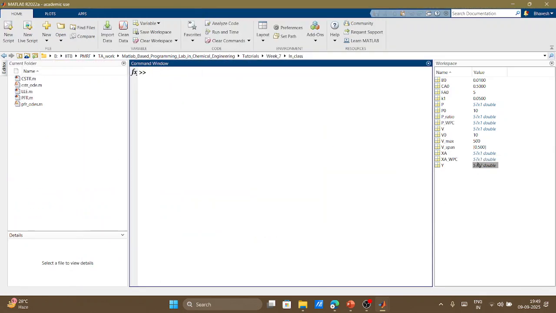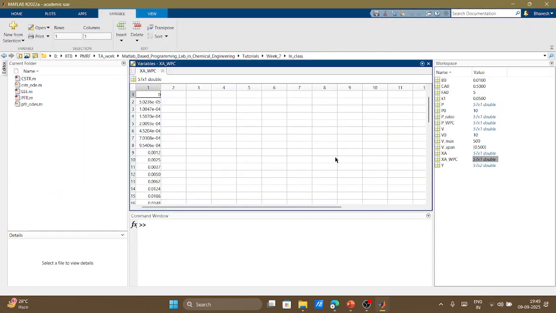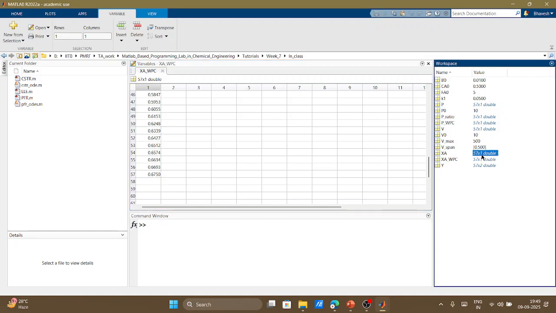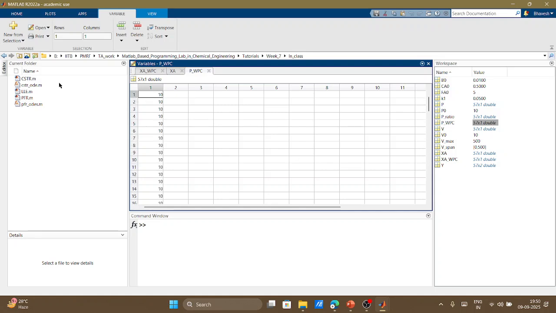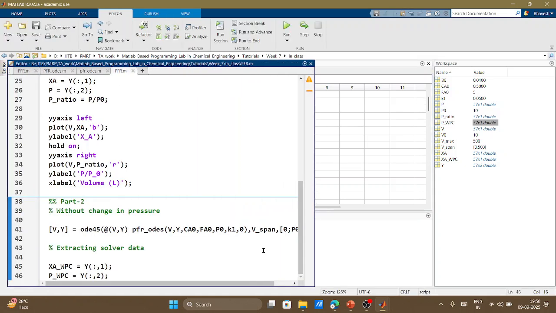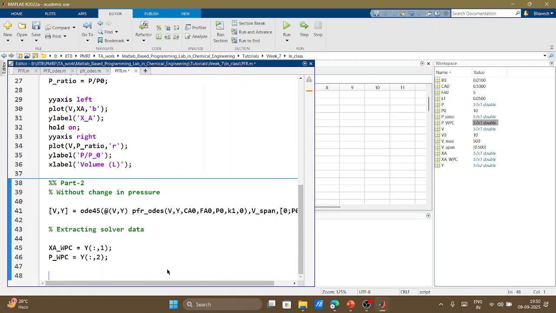So if you see, you have this XAWPC, when your pressure is not changing, you are going to conversion till 0.6750. Compared to that, if you have pressure also changing, the conversion is not that much, it's only 0.492. The pressure value without pressure change, obviously it should remain constant, so you have 10 10 10 value throughout. Now I can put this into the same plot.